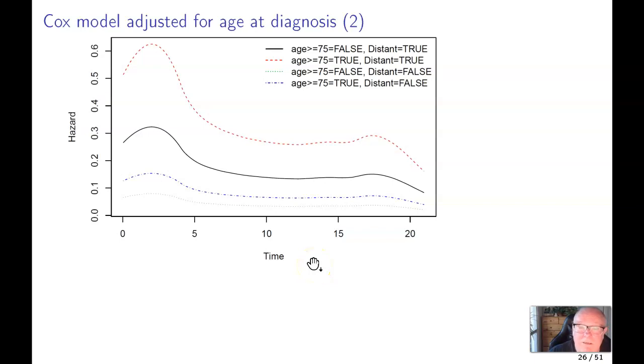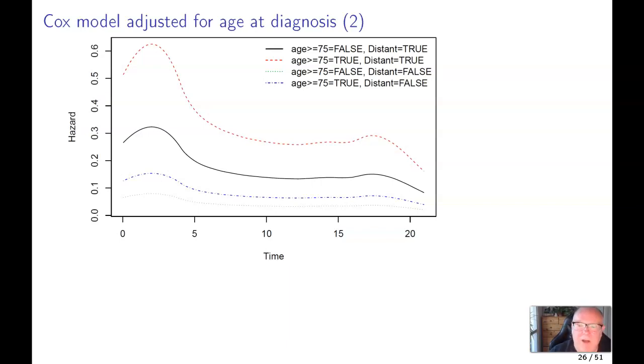And what does our fitted model look like now? Well, our model considers there to be 4 groups of patients. There are 4 combinations of the binary stage and the binary age.